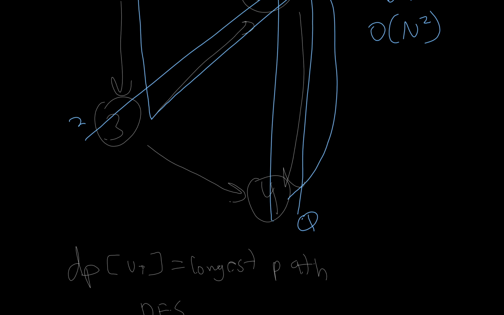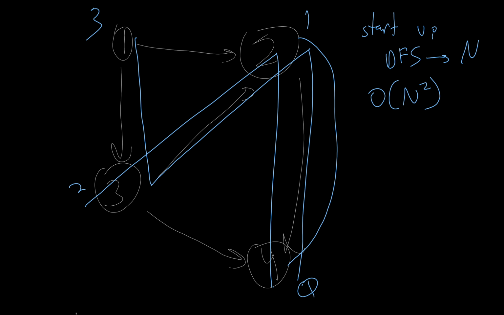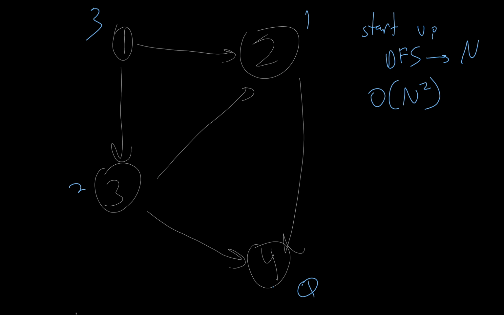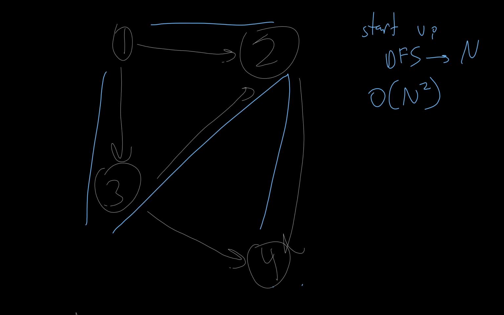So let's look at this graph right here. If we do some type of DFS, from 1 you go here, you go to here, 3 would go here, then you go here.